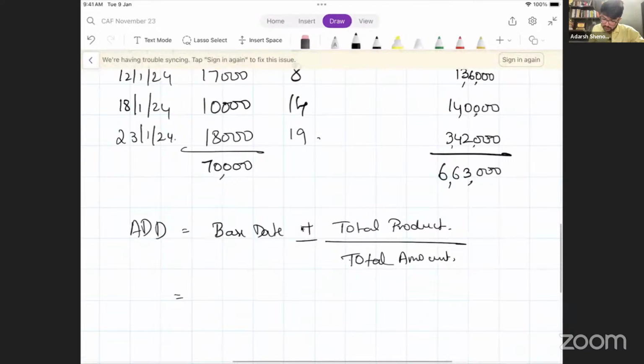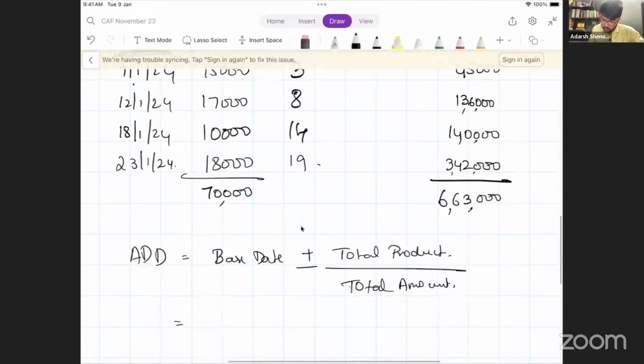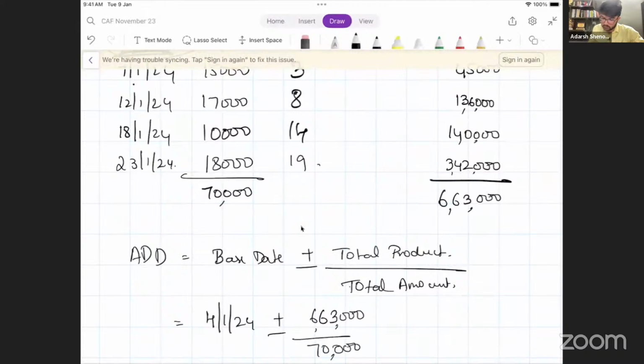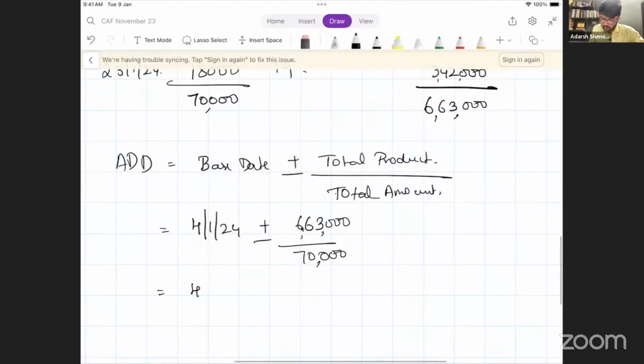So 4/1/24 is the base date, 6,63,000 is the total product, 70,000 is the total amount. So what will be our average due date? The minus in the formula will never be used, okay? Because we take the earliest date as the base date, our answer can never be negative.